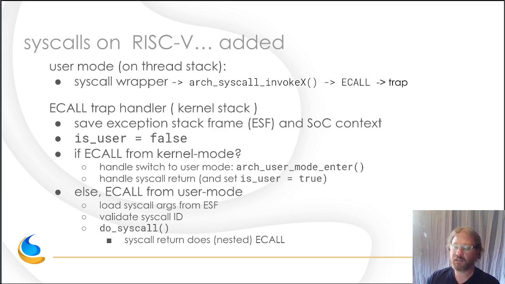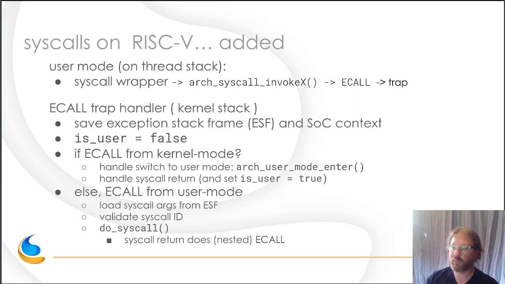And then we check if this ecall trap actually came from kernel mode or not. As I just mentioned, there's some infrastructure already in place for kernel mode system calls. So we first check that, and then handle those cases. But there's also the way to switch from kernel mode back into user mode, like on thread start, for example.